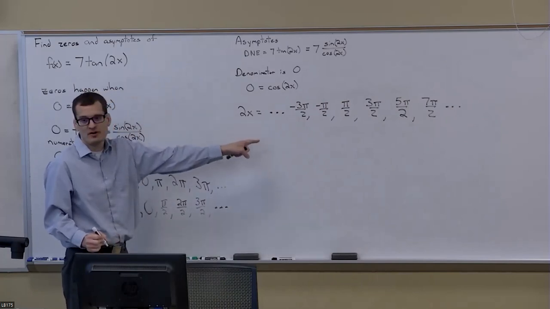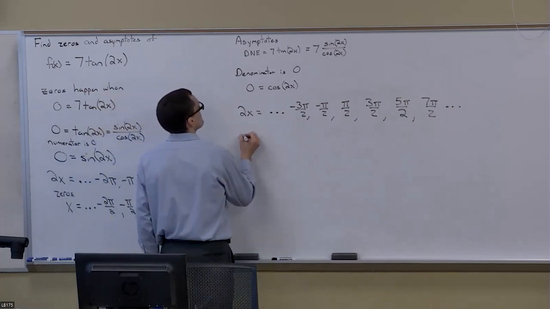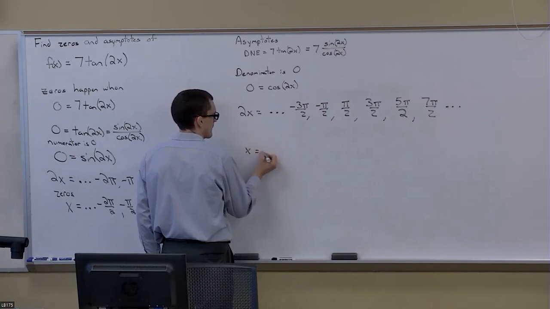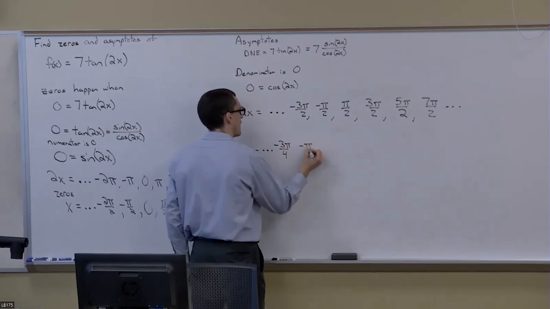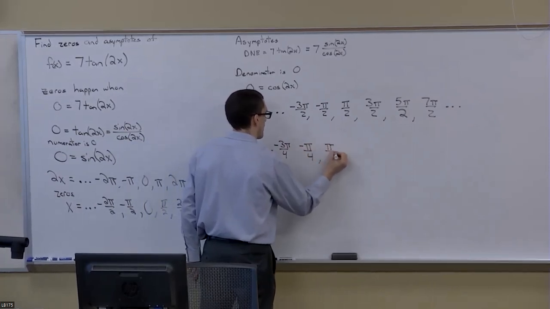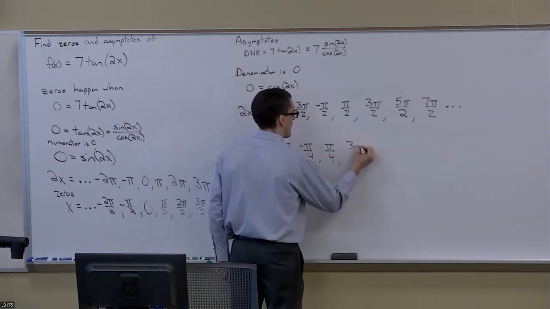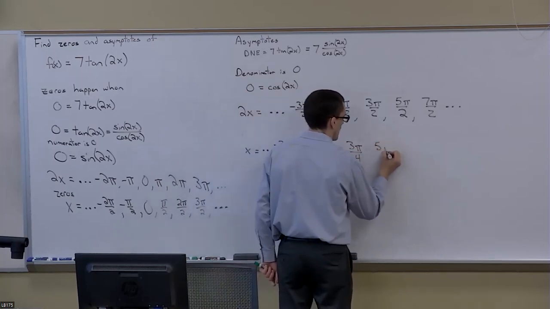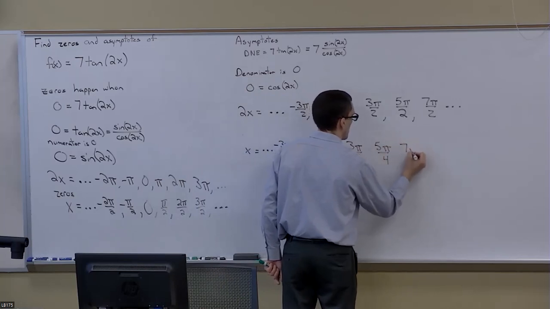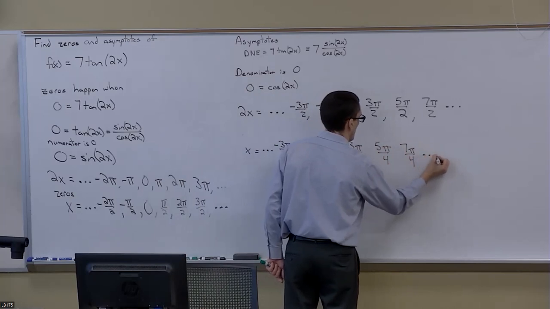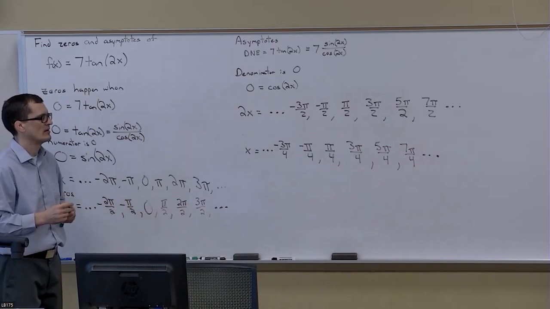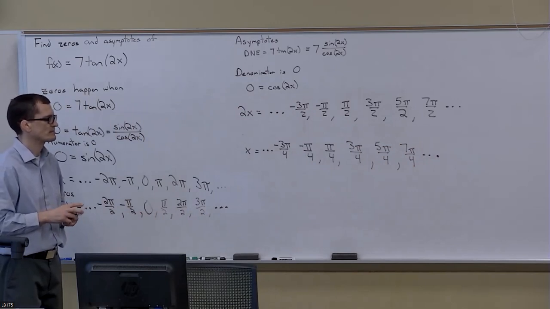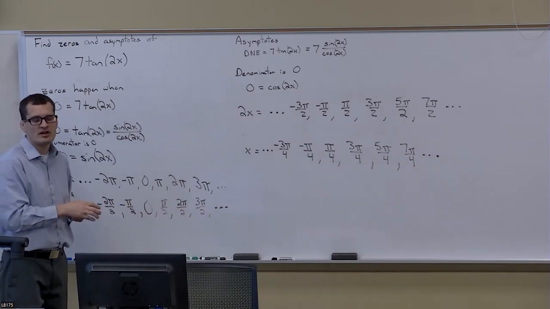All those denominators are going to go from 2 to 4, right? Does that work? So these are where the asymptotes are.